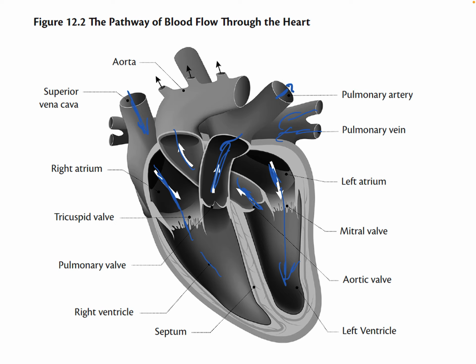Now, when our atria contract, so our right atrium and our left atrium, that is when systole occurs, and the blood is sent to the ventricles. And blood flows into the ventricles during diastole, and that represents when the heart is relaxed.